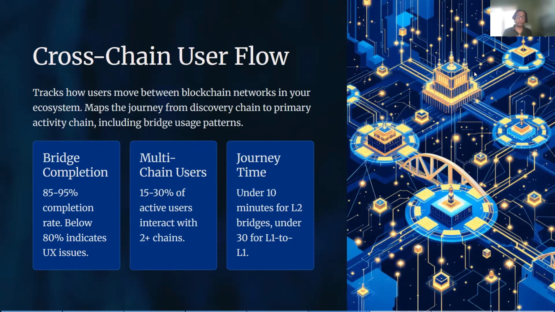In the previous two videos, we have seen how to create the new UX and what the different wallet technologies are. Smart wallets are all coming into play in 2025 and 2026. Users can seamlessly use the app to transfer money from one blockchain to another. And also the multi-chain users: if 15 to 30% of active users interact with more than two chains, that is a good sign.